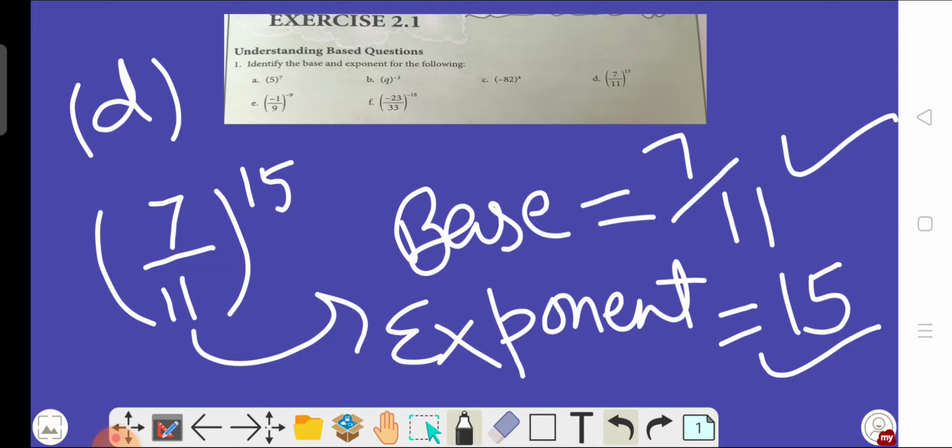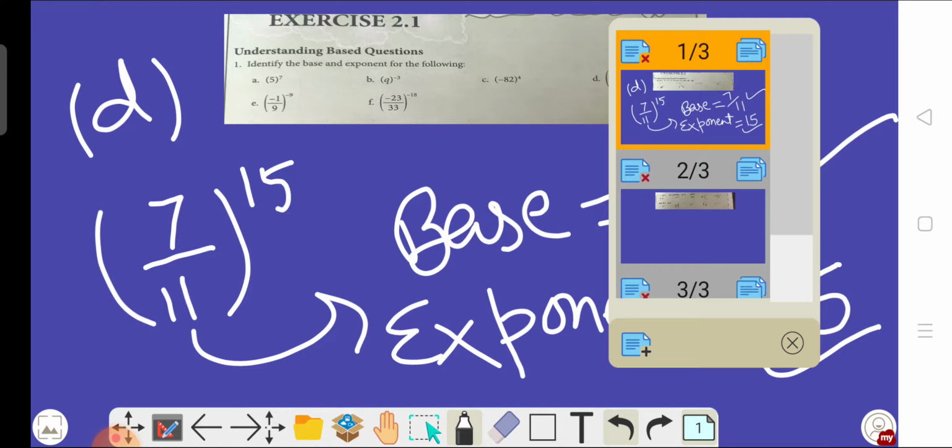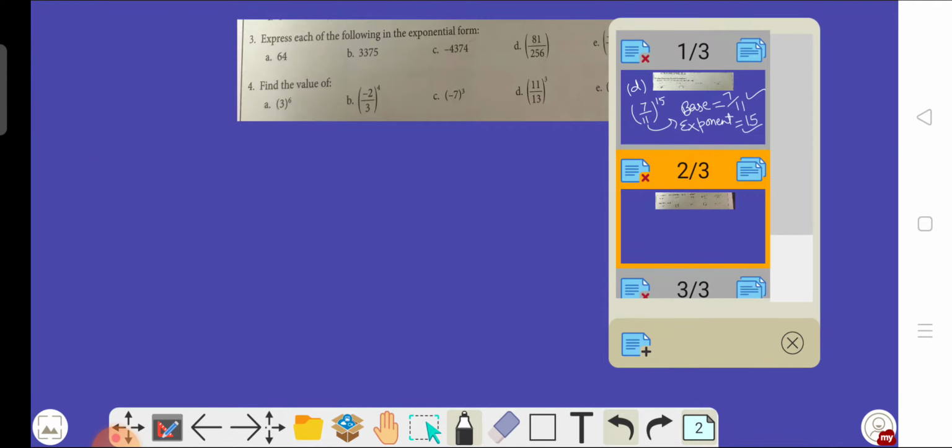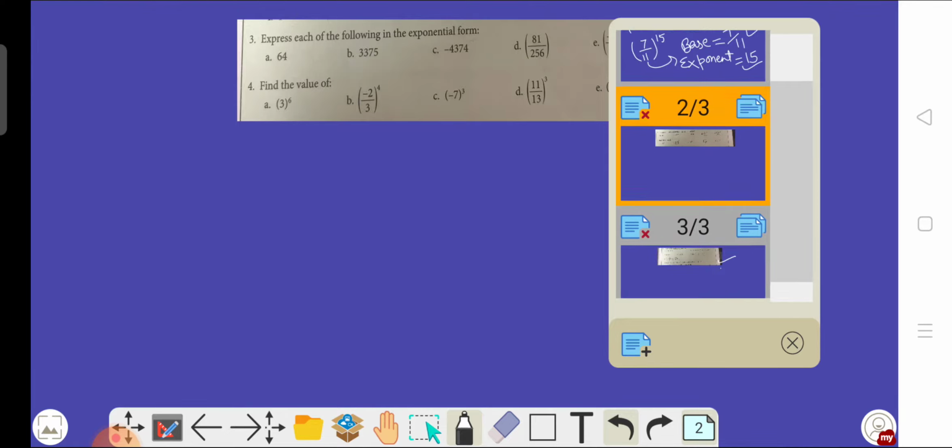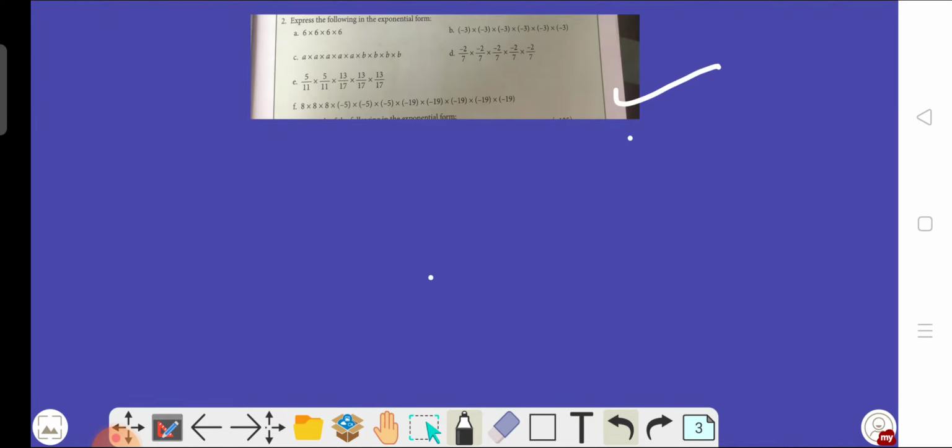Now we will move on to question number second. In this question, what do we have to do? We have to express the following in exponential form.